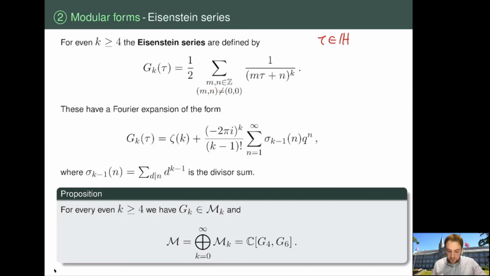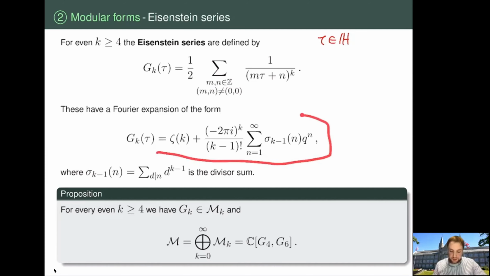In other words, you take the sum over all lattice points in the complex plane except 0, and you take this term here.